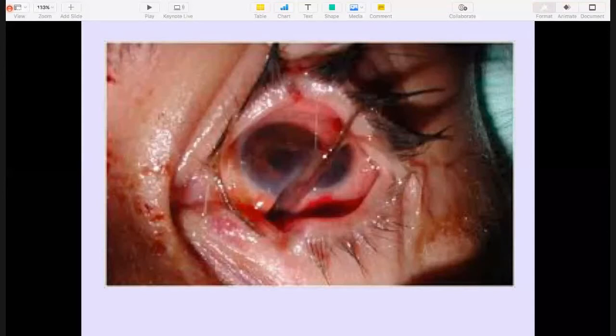Where do you think is the foreign body? Can you guys see a foreign body which is impacted in between the lower lid and the eye globe? It could be a piece of wood or a piece of glass.